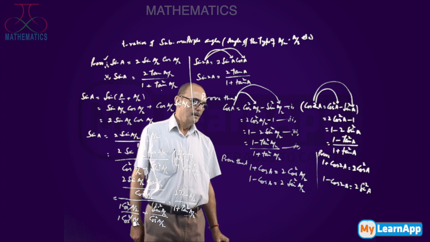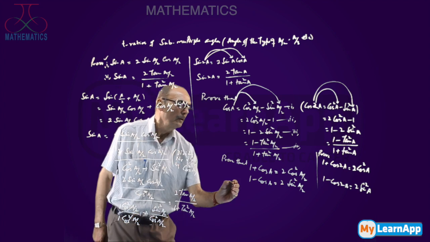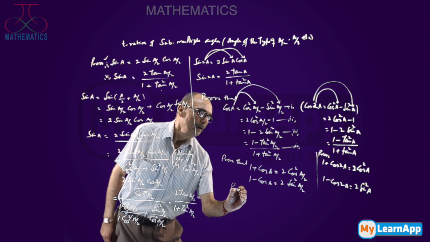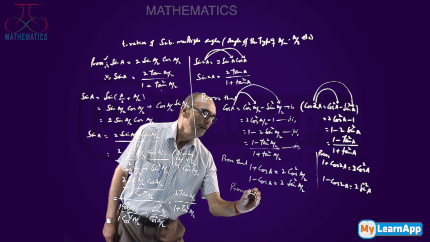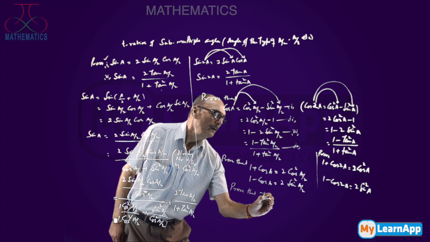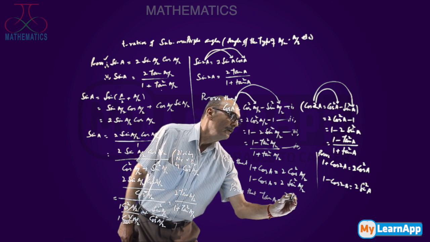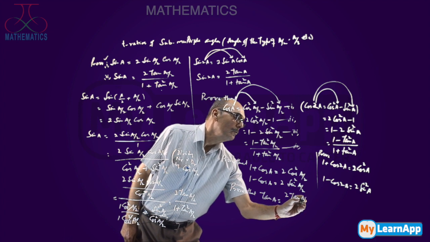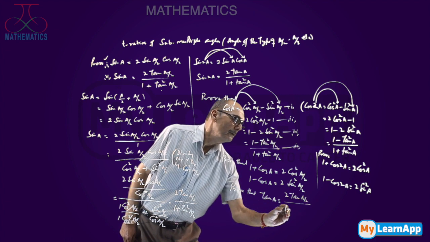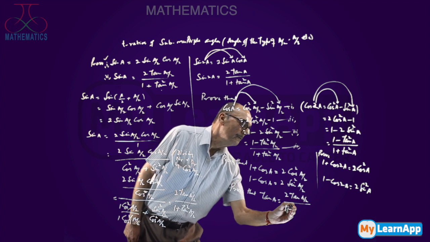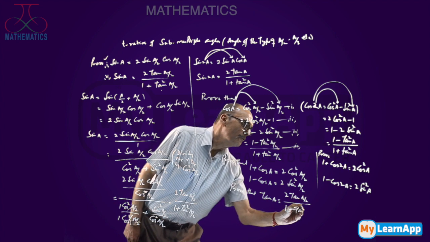Well, here prove that tan of a equal to 2 tan of a by 2 upon, no, it's minus, 1 minus tan square a by 2.